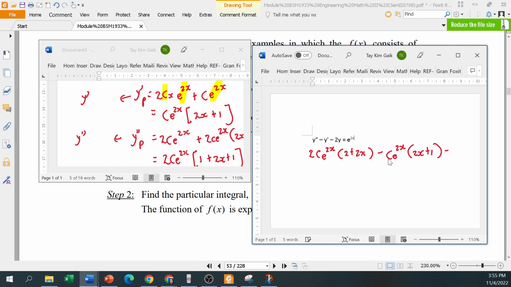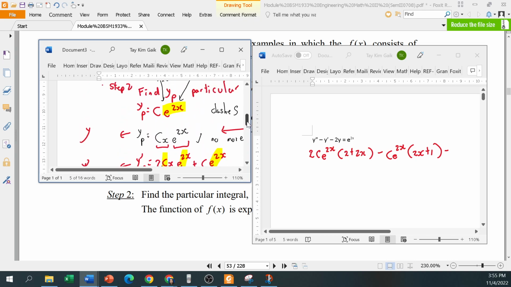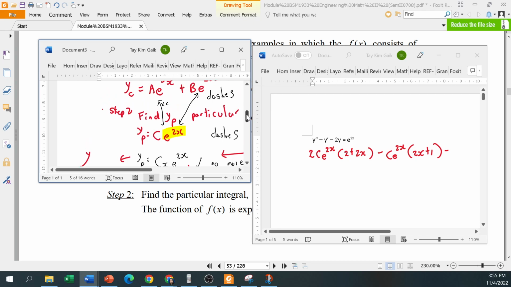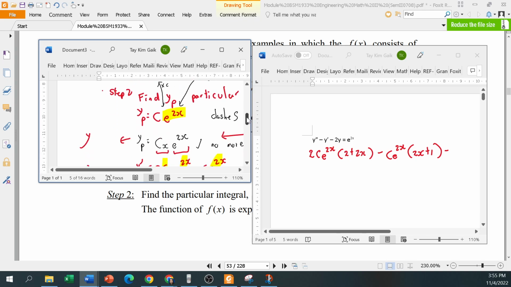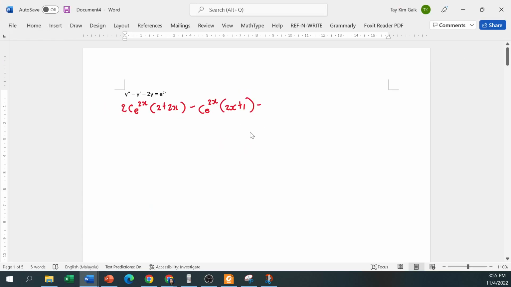So minus 2y, where y that we chose just now is yp, which is cx exponent 2x. So minus 2cx exponent 2x, equal to exponent 2x.